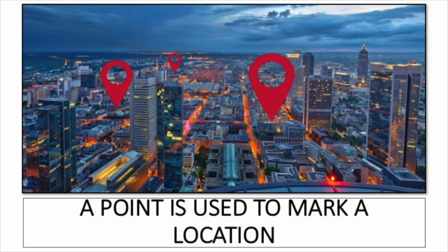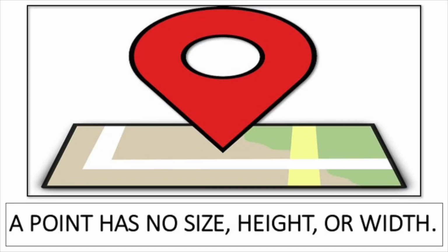A point is used to mark a location. Remember in the previous lesson, we looked at maps, and all of our buildings, school, hospital, zoo, they had different points. A point has no size, no height, and no width.